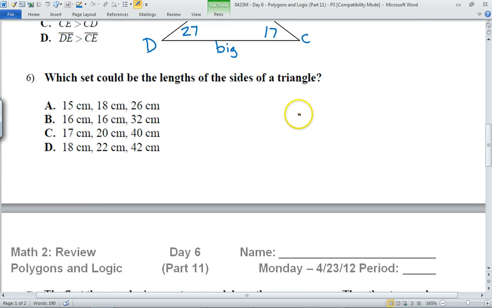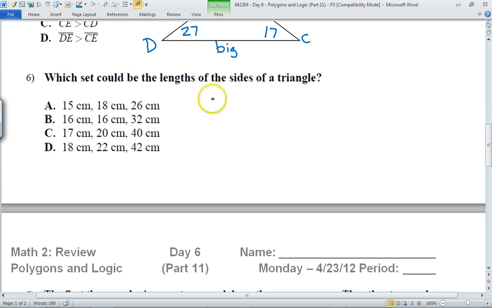All right. How can I judge if these could make a triangle or not? You have to add the first two up and see if it's bigger than the third one. Make sure that the third one you're talking about is the biggest. It's all about which one is the biggest. Did they put all these in order? Okay. So in this case, that would work. But make sure we're talking about the biggest one, okay? Look at the biggest number.